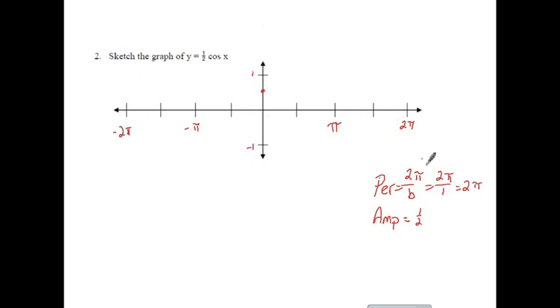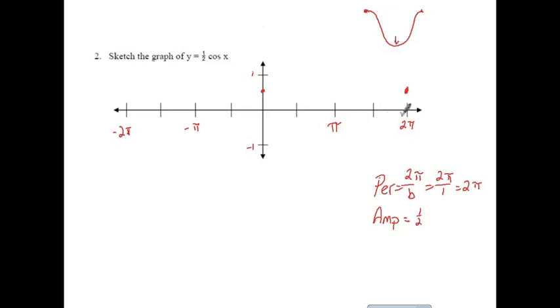Now, we go over our period, which is 2 pi, so we go over 2 pi from there, and we're right back to where we started. So we have to be somewhere around there. Okay. Now remember, cosine starts up on top of the hill and goes down in the valley and comes back up to the top and starts that process over, right? So we've gotten those 2 points there. Now we need to get halfway between, all the way down to the low point.